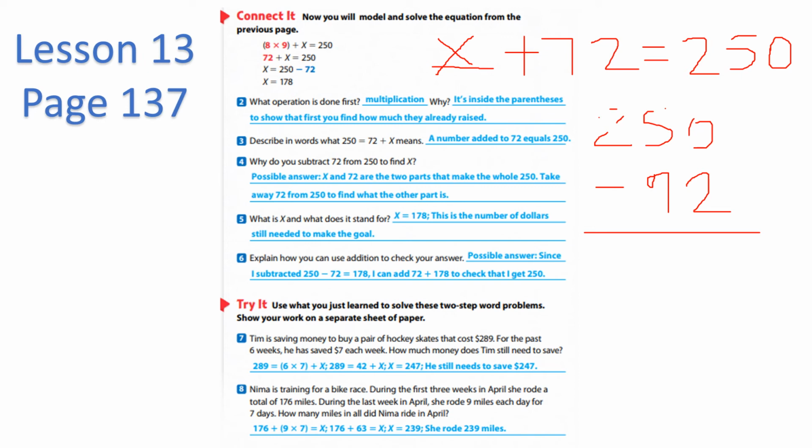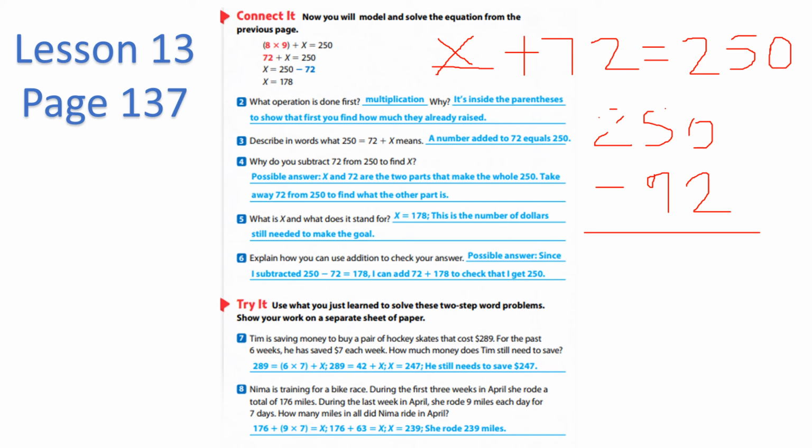So on number 5, what is x and what does it stand for? If we had done our subtraction, we would have come up with a difference of 178. So that x in our equation stands for 178, which is the number of dollars still needed to make the goal. So for number 6, when they want us to explain how you can use addition to check your answer, we've kind of already talked about that.